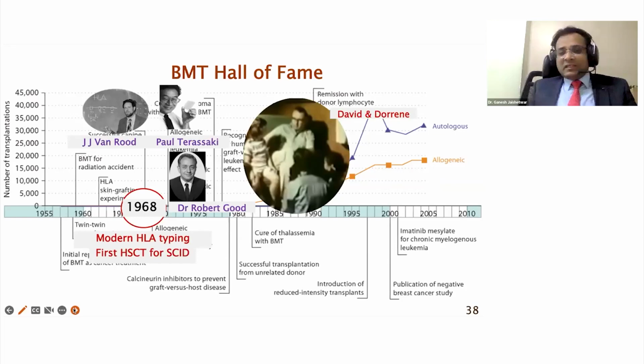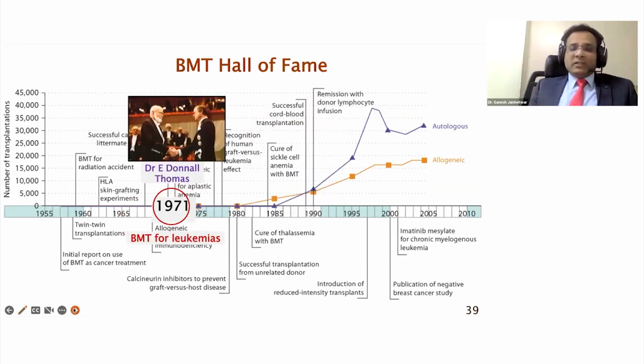David had 3 sisters, and one of his younger sisters was found to be HLA identical with him. So David got an HLA-matched sibling donor transplant from his younger sister, and David was cured, and he lived more than 50 years post this first successful allogeneic stem cell transplant.